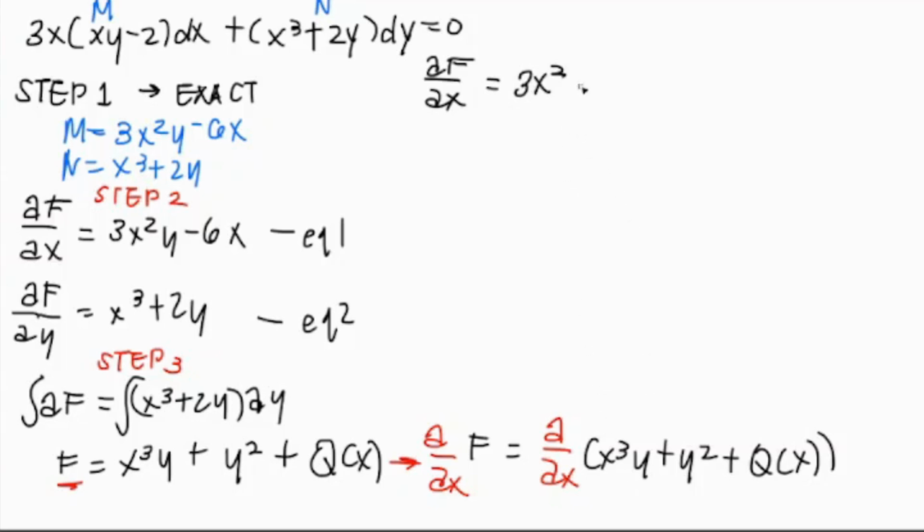Copy natin yung constant y. Plus, since ito constant, magiging 0 lang naman, so wag na natin isulat. D over dx ng q of x, so magiging siyang dq of x over dx. Or pwede naman natin siyang palitan ng q prime x. Pero yan naman na yung gawin natin.